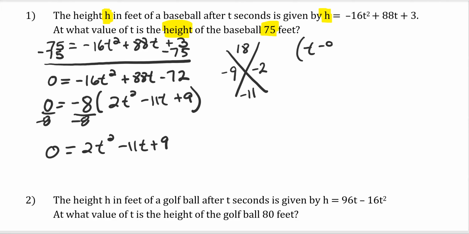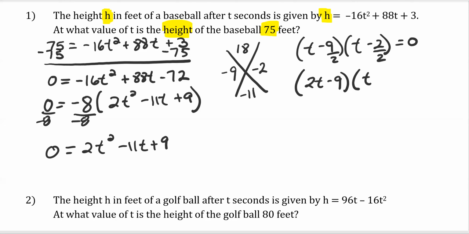So I have t minus 9, t minus 2, and then I need to divide by a. A is 2. And then set both of the factors equal to 0.